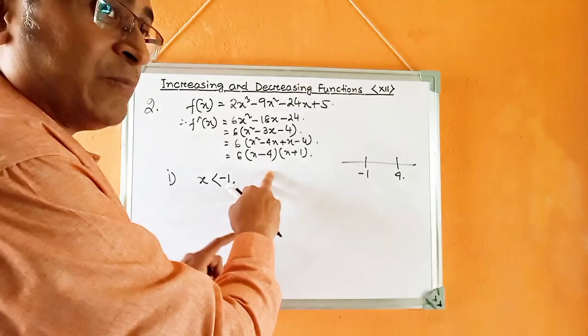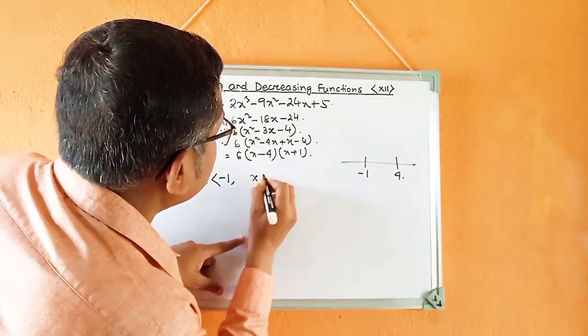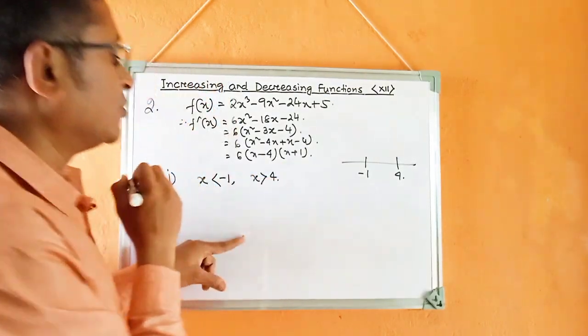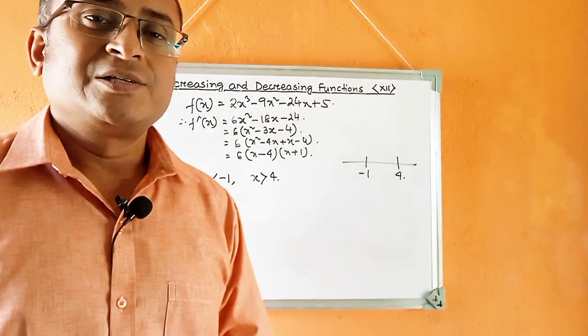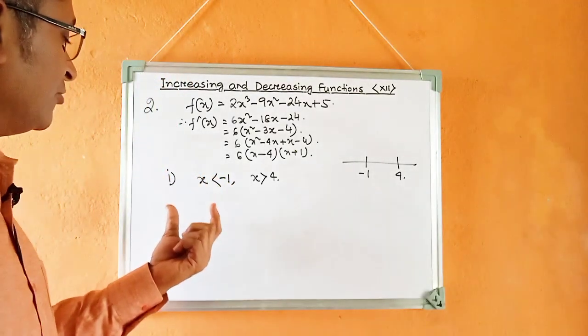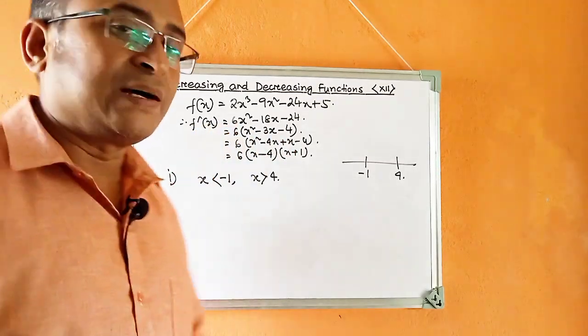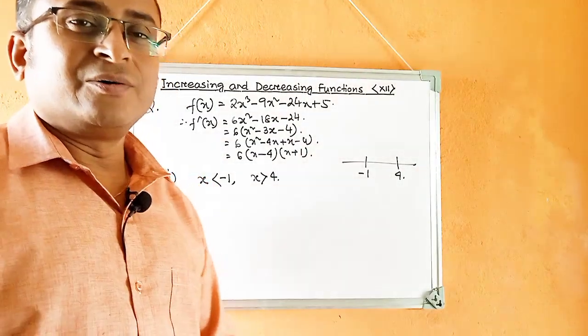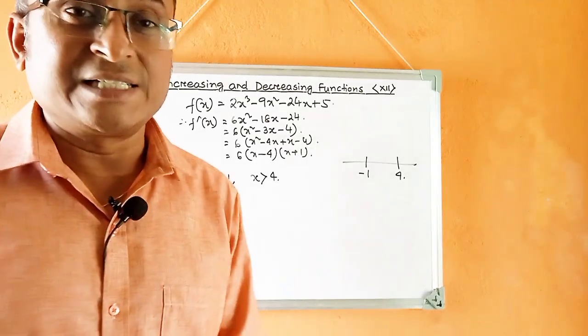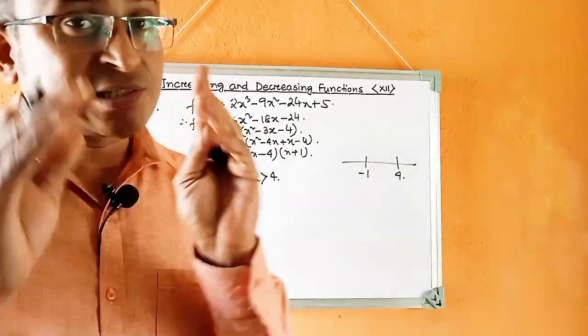If x is greater than 4, we get a plus value. So the range is x less than minus 1 and x greater than 4. This is the range of the strictly increasing function, not just increasing, strictly increasing.